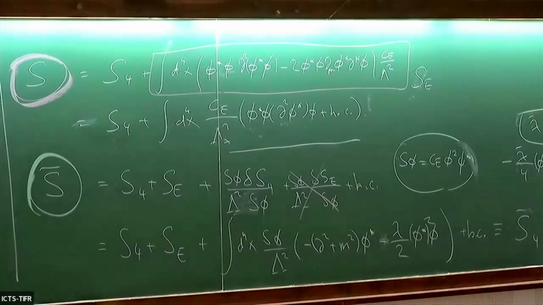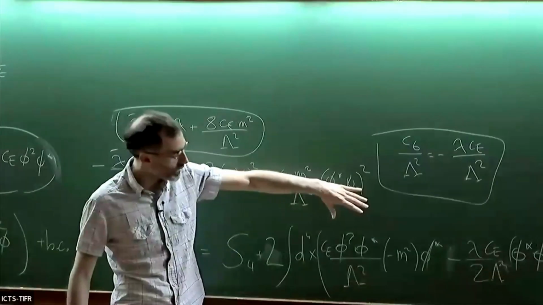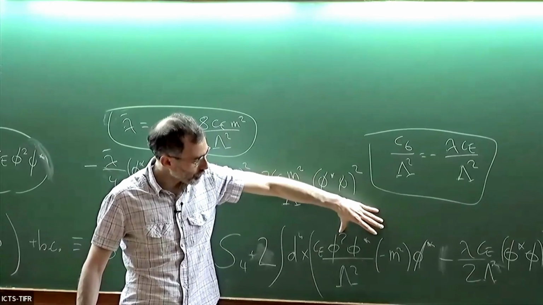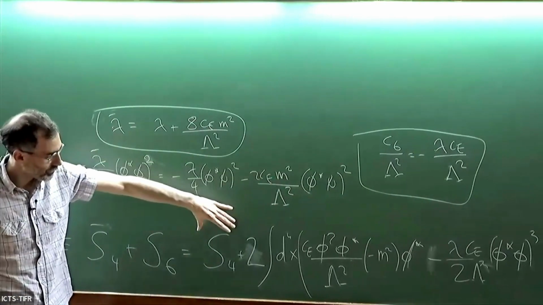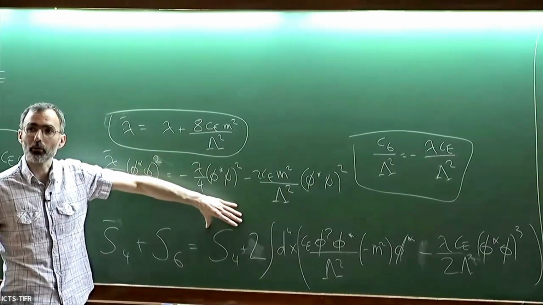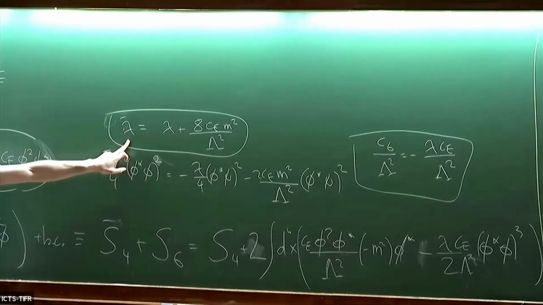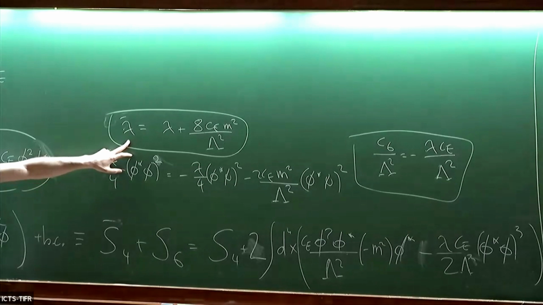That is a dimension 6 operator, but there's also a dimension 4 term in here. And again, in the spirit of not introducing too many names for things, this, from the point of view of the effective action, will just be added up with the phi-4 term that we already had in our theory. So might as well put the two things together and call it lambda bar. And that's what we're doing there.